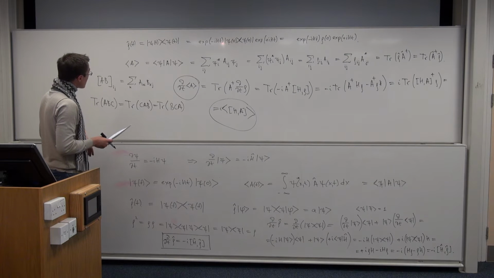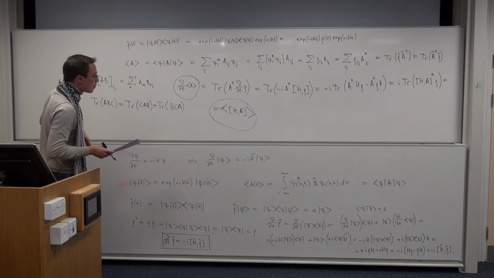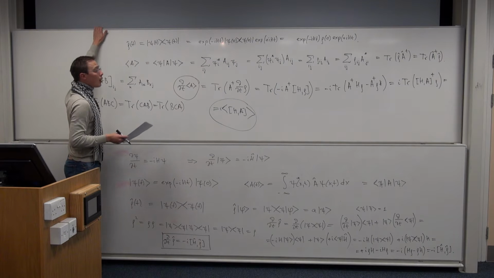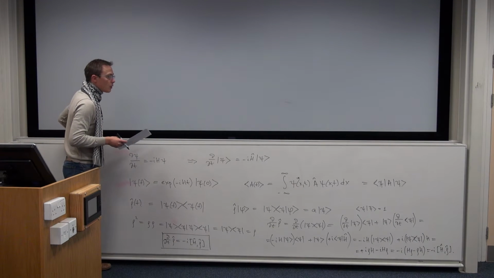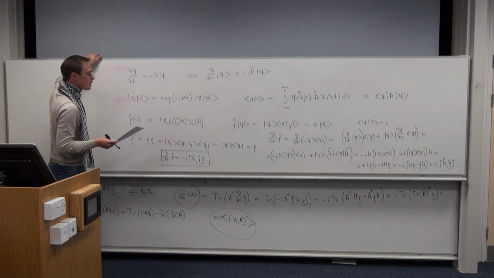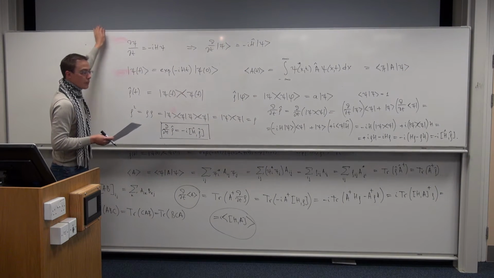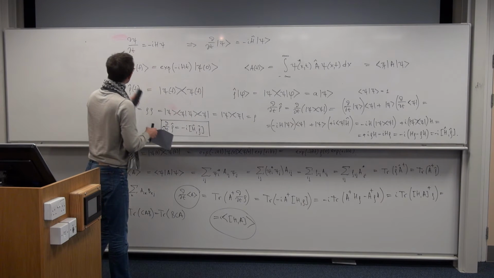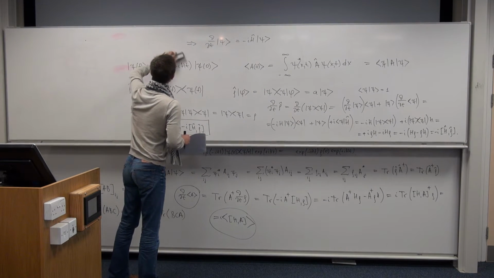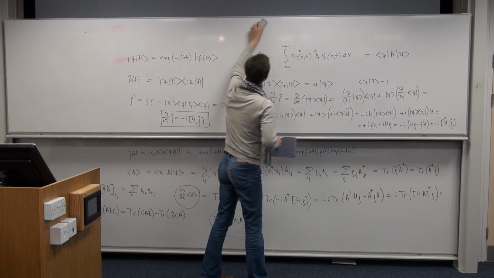Okay, so let us then take a look at the physical meaning of this density matrix. It wasn't particularly clear so far. We only looked at the definition and mathematical properties that follow directly from the definition. Now let's try to interpret what it is that we've got in physical terms.